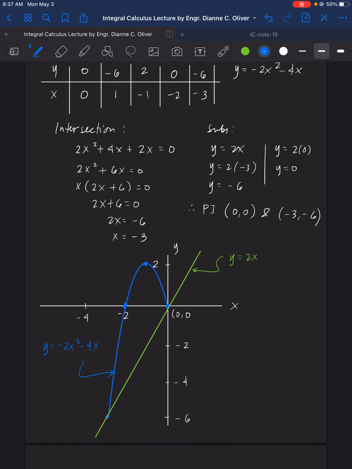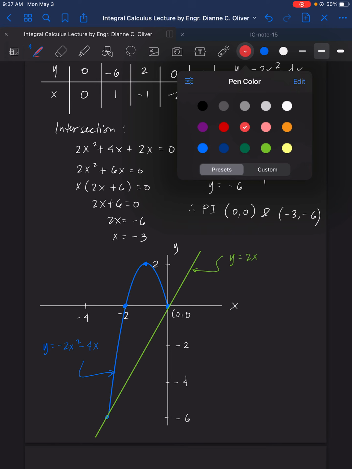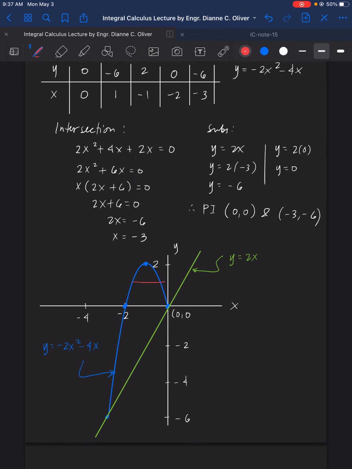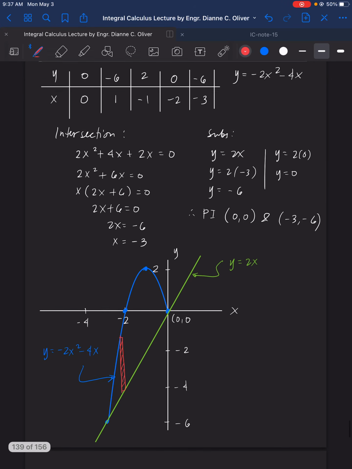So what area strip are we going to use here? The clue: we're not using the area strip that will possibly touch the boundaries at 2 points. That is the horizontal area strip. So we're not going to use the horizontal area strip. Instead, we're going to use the vertical area strip. Again, the problem says to find the area only.